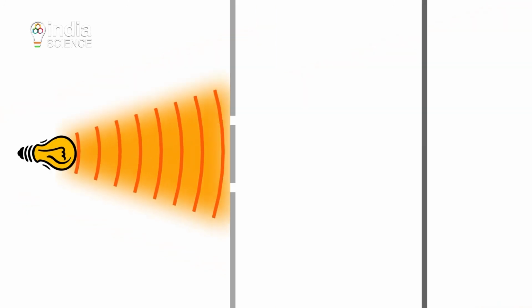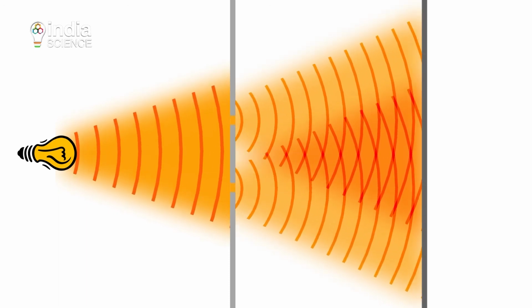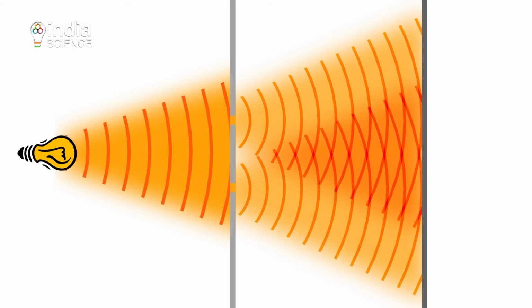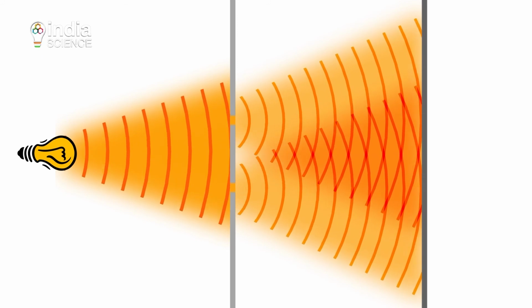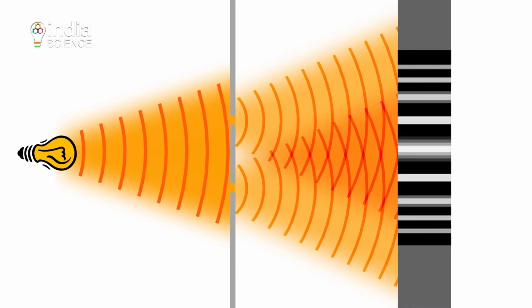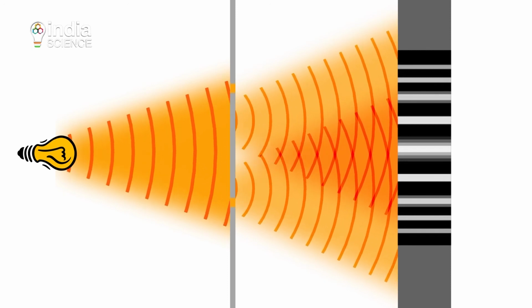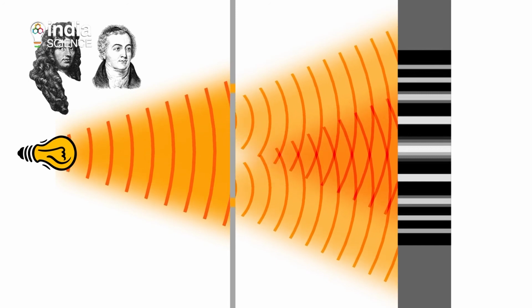Thus, when light waves pass from the two slits, they reach the screen after interacting with each other in their paths. Depending on how they interact, they add up or cancel each other out, and we see alternating bright and dark bands. We had an experiment which could only be explained by the Huygens wave theory.